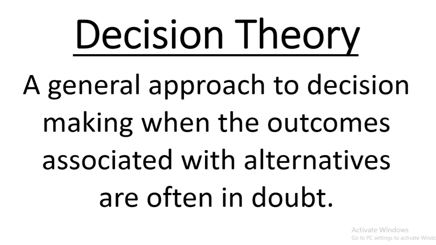And he is talking about every alternative has a different outcome or different output. And once you are not sure which alternative has which output, in that case, we use the process which is called decision theory.